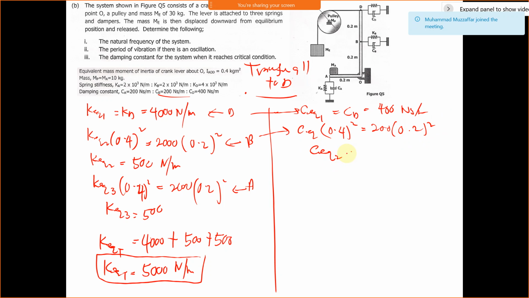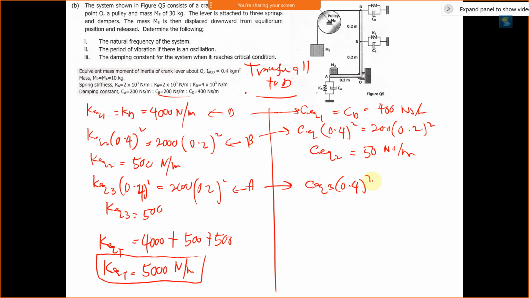Then C equivalent 2 equals to 50 Newton second per meter. And then for A, C equivalent 3, 0.4 squared equals to 200 times 0.2 squared, then we get the same answer lah, 50 Newton second per meter.